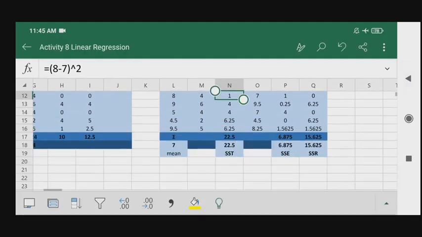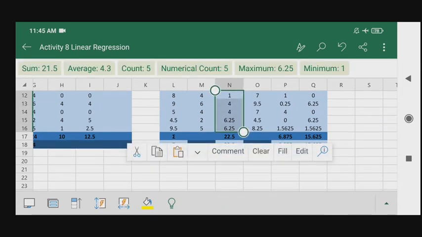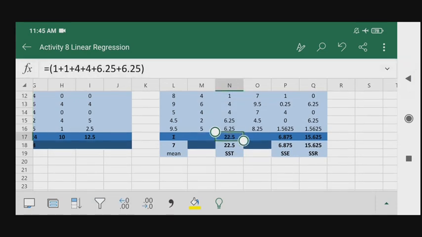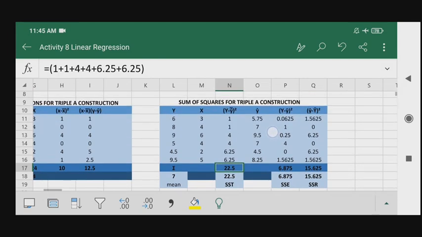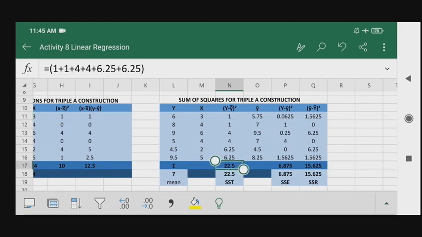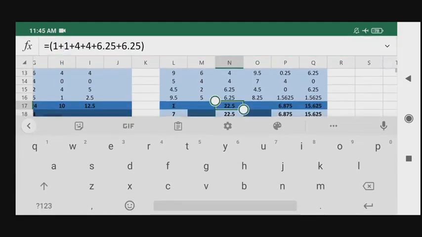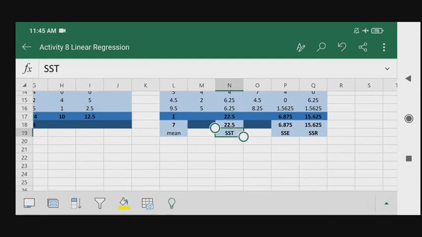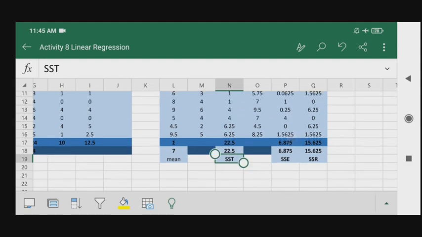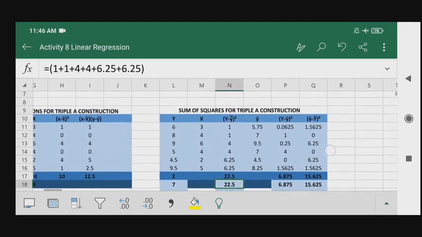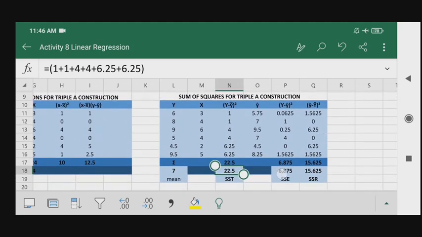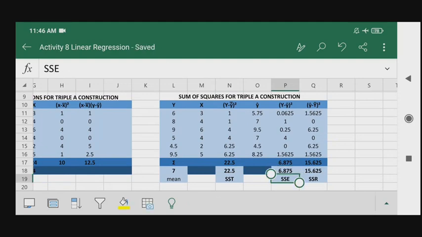The sum is 1 plus 1 plus 4 plus 4 plus 6.25 plus 6.25, which equals 22.5. So the sum of squares total is 22.5.